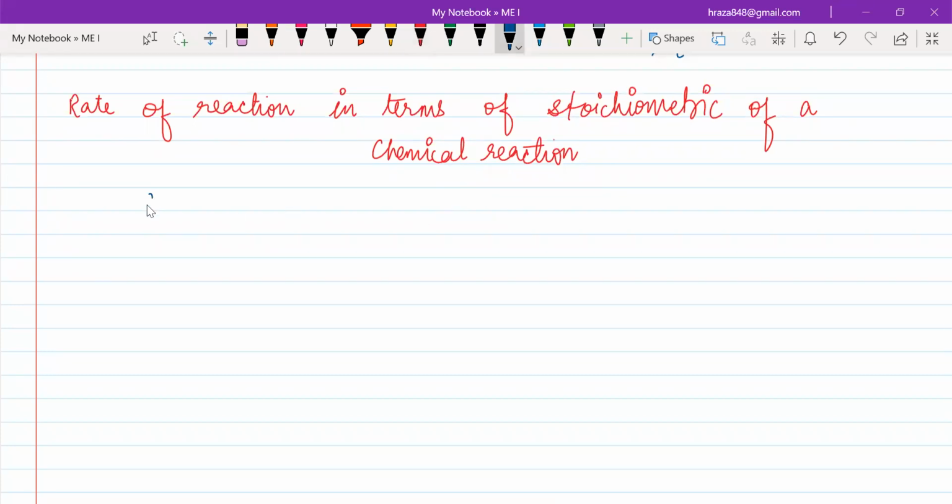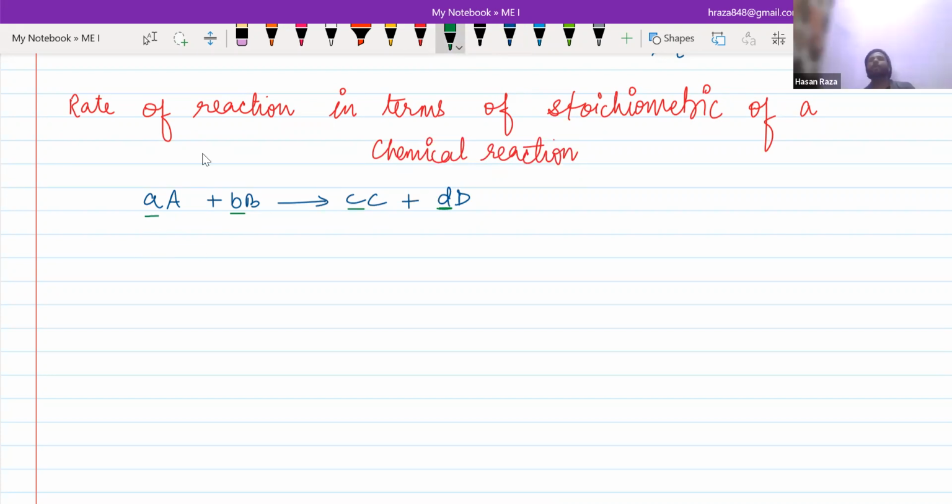Now see, if you are given a reaction aA plus bB giving cC plus dD, the important point is that this small a, small b, small c, small d is the stoichiometric coefficient of A, B, C, D. Are you getting my point?